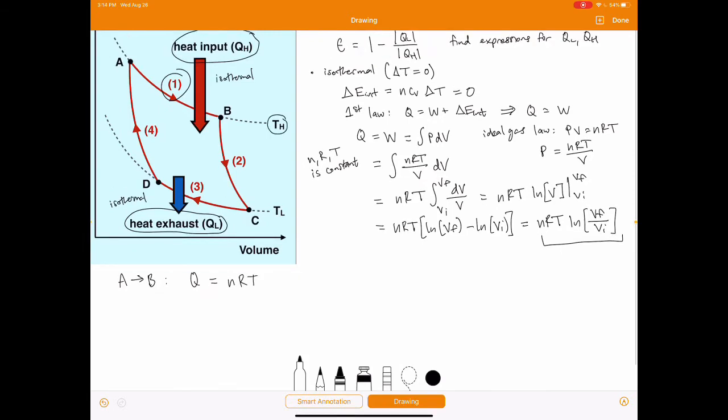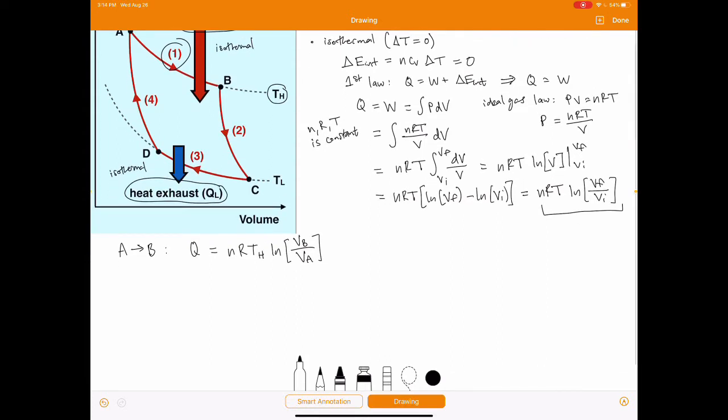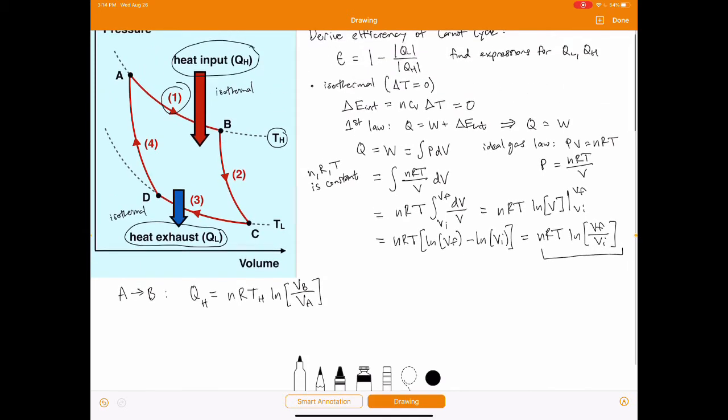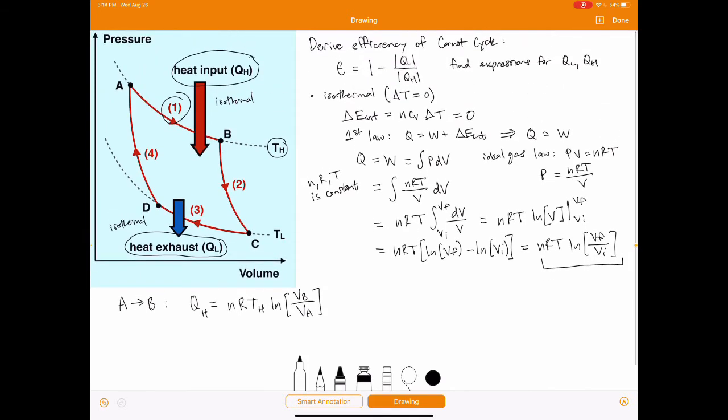So let's label this TH. And then I have the natural log of the final volume, which is VB, divided by VA. And so we can call this QH because, again, that's the heat that's input to the gas during that process.